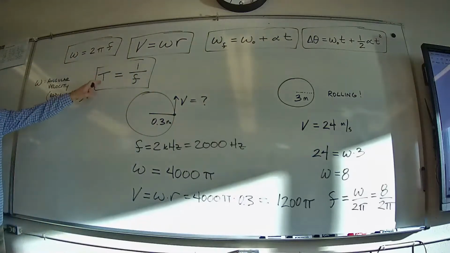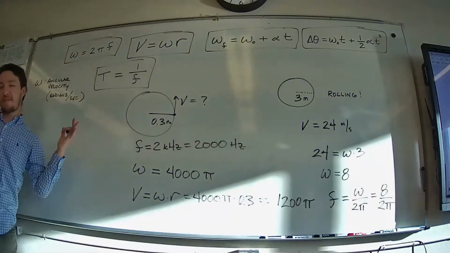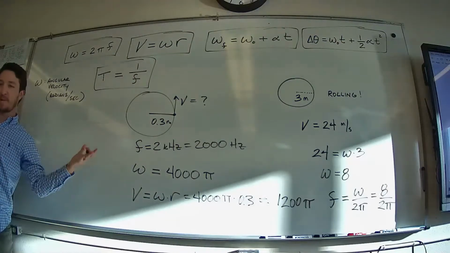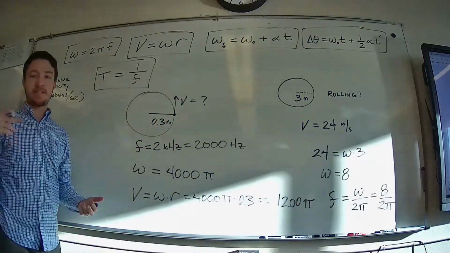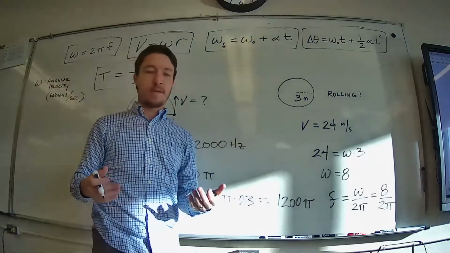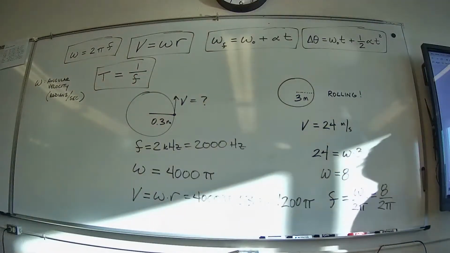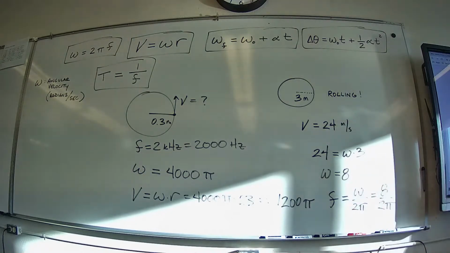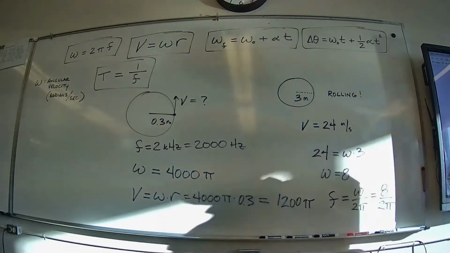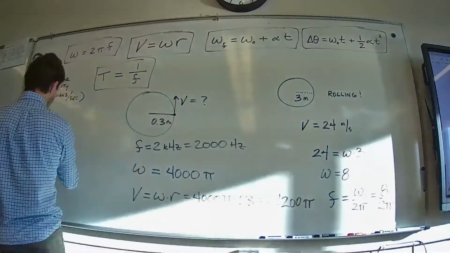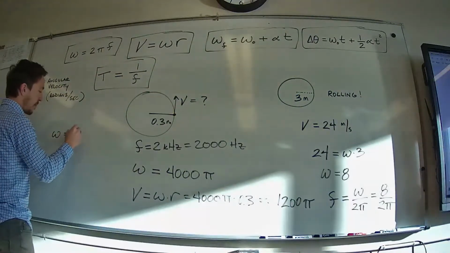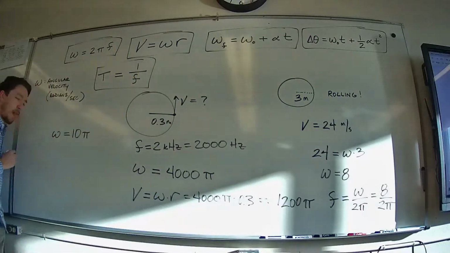Okay. The rotational period is just the reciprocal of the frequency, right? We're cool with that, right? So if you make 3 spins per second, then your period is 1/3 of a second. So if your angular velocity omega is 10 pi, how many rotations is that per second?